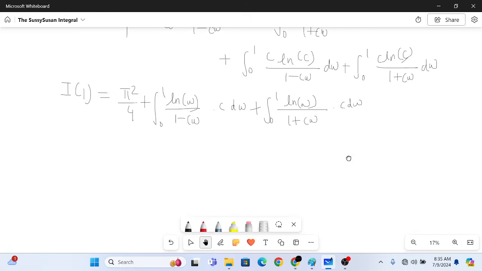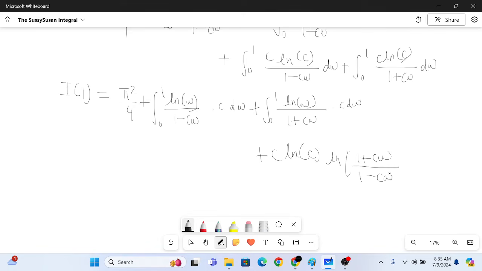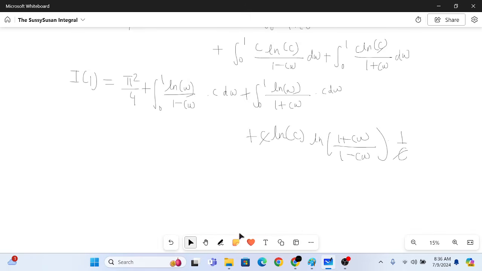And similarly over here this will just be plus c ln c, and then this will just be ln of, okay, both will have ln, but this will have a negative sign, so that's why I'm going to do it directly, and 1 by c. Since there is c in both, 1 by c will be there. Now c cancels out, and we have ln c by this expression. This is from 0 to 1, this is also from 0 to 1.